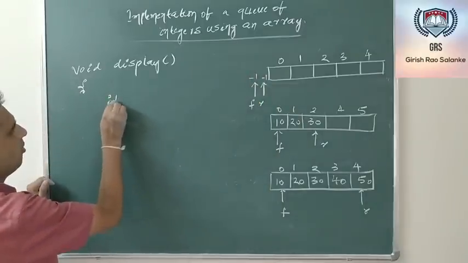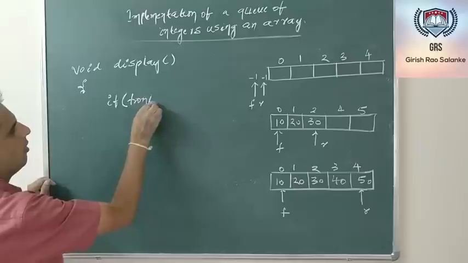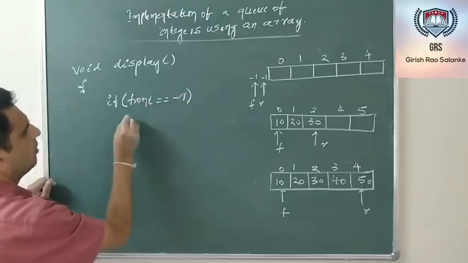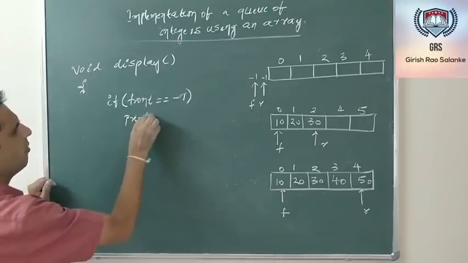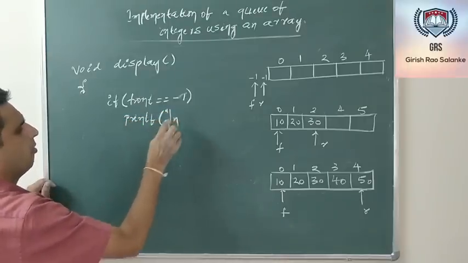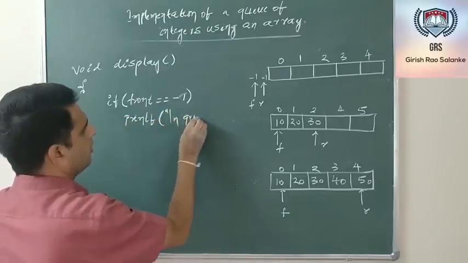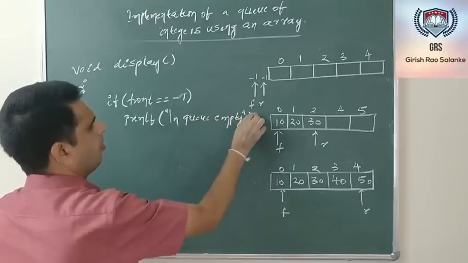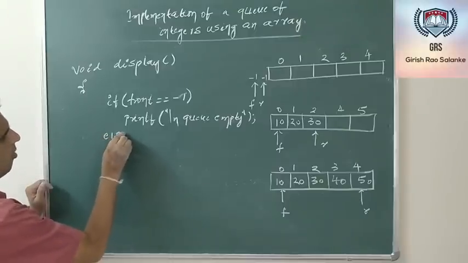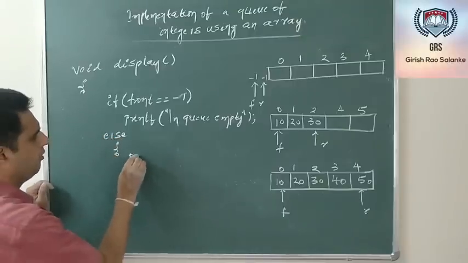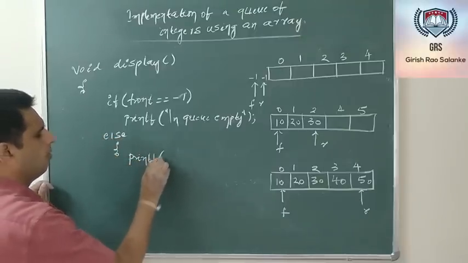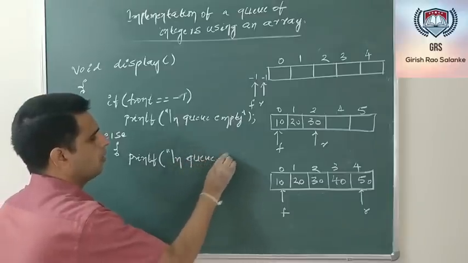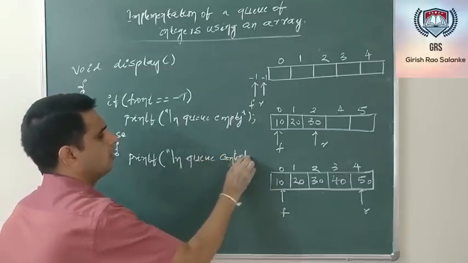If front is equal to -1, printf Q empty. Else printf Q content is.